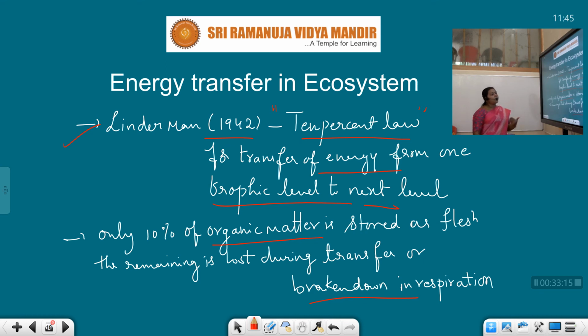Only 10% of organic matter is stored as flesh. The remaining is lost during the transfer or broken down in respiration.